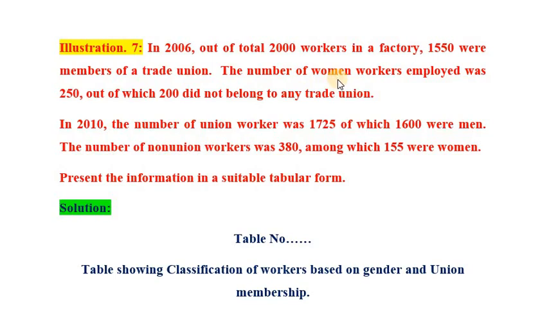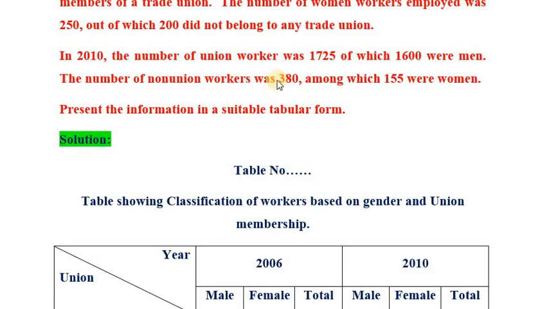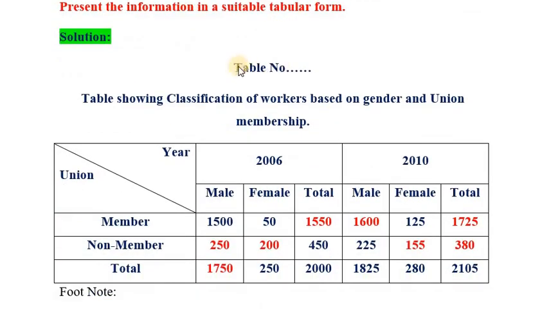So that represents the gender, and next one is the population or the workers who belong to trade union or who don't belong to trade union. That is the members of trade union and non-members of trade union. In that way, we have identified the variables, and now let me proceed to prepare the table.